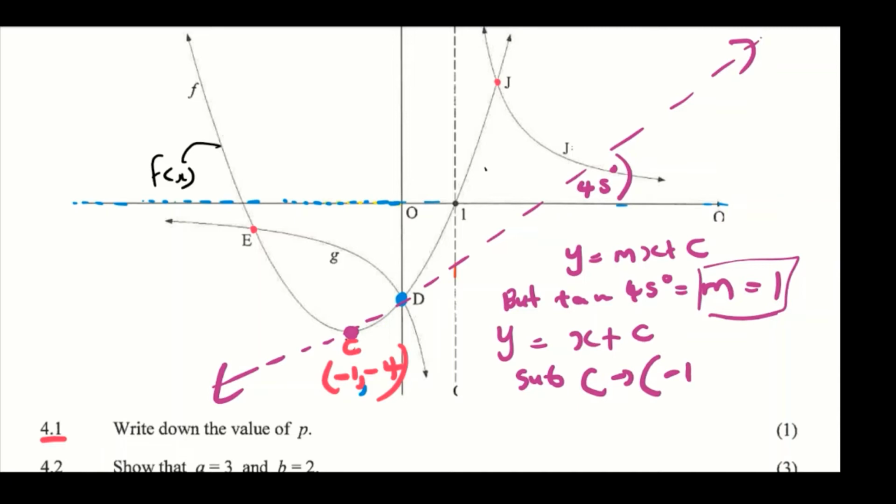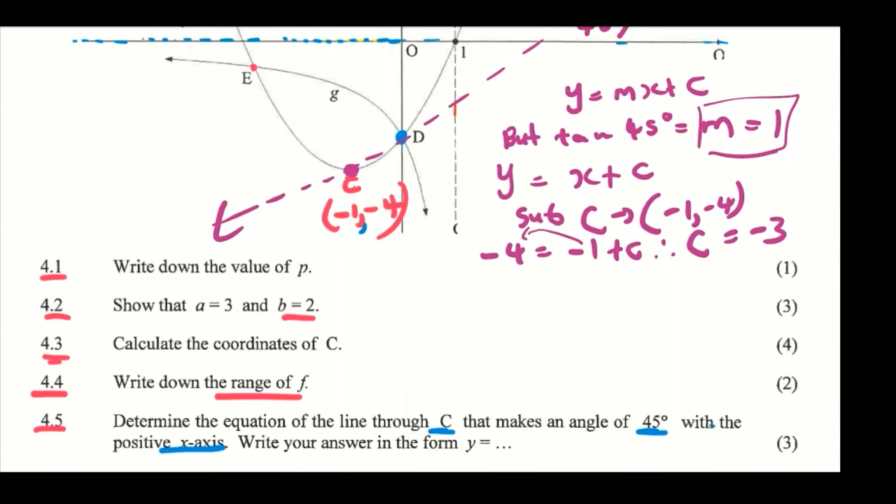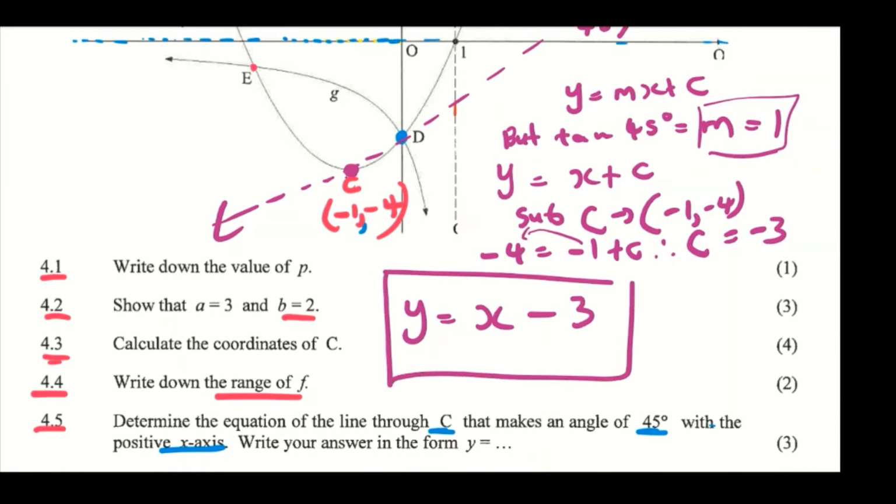Substitute point C of minus 1 and minus 4: minus 4 is equal to minus 1 plus c. Therefore c is equal to, transposing the minus 1 to the other side, positive 1, so it's minus 3, right? So the equation of this line is going to be y is equal to x minus 3. So this is the equation of the line that passes through C.